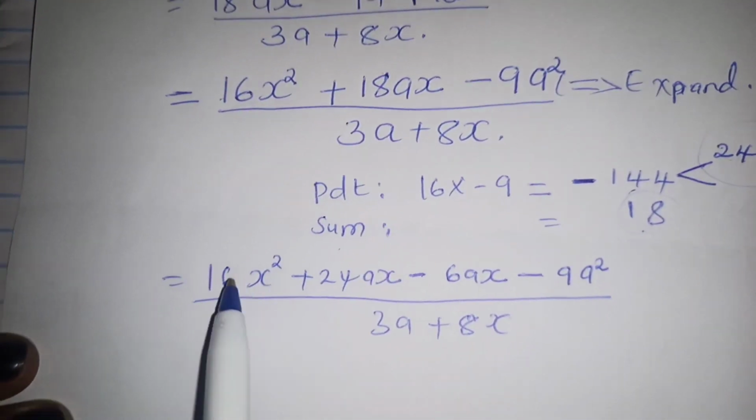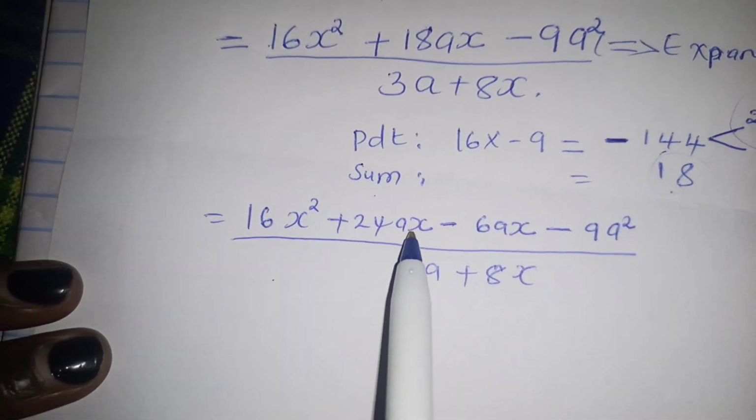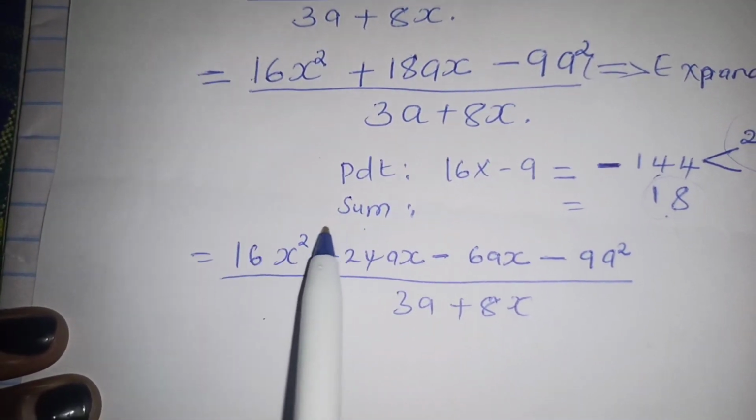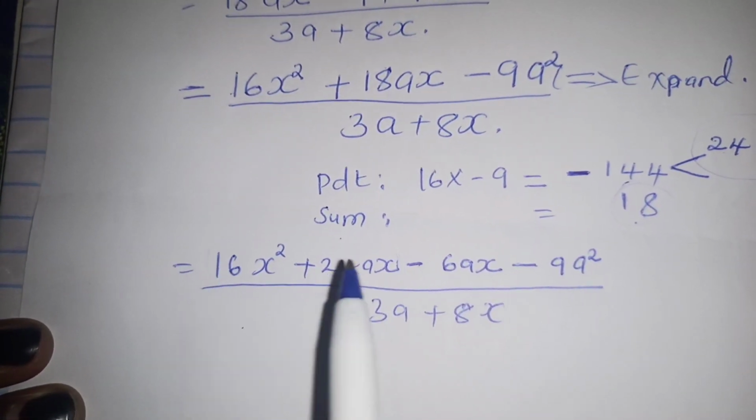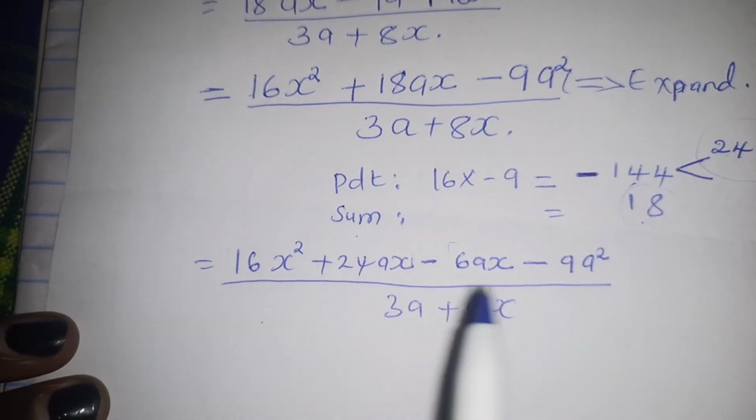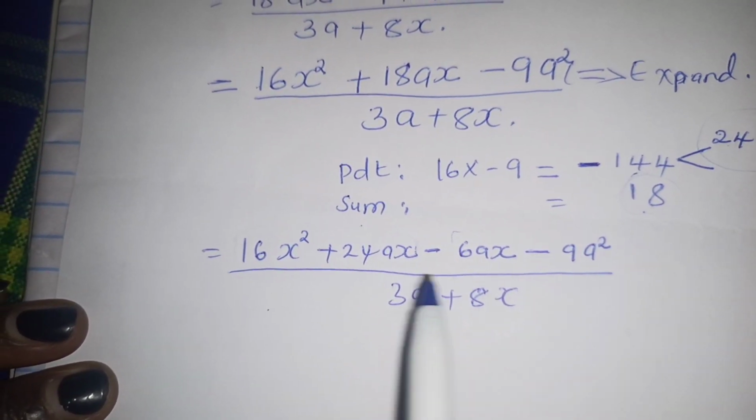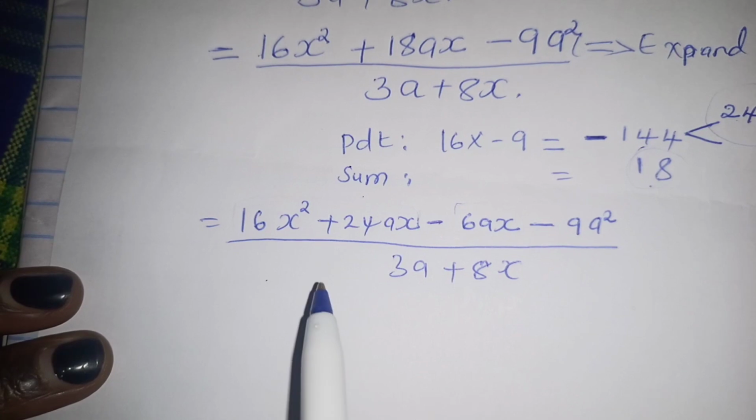Then you can go ahead and factorize. So we group in pairs, the first pair and the second pair.